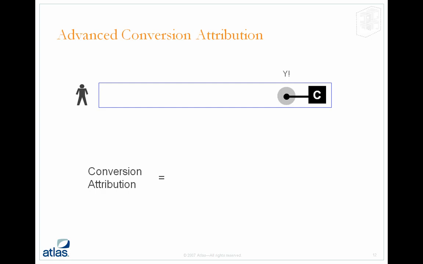Right now Yahoo is getting 100% of the credit, and this is how we look at things right now. But a better model would take into account frequency, for instance. If there were 10 ads in a user's history, and 8 of those came from ESPN and 2 came from Yahoo, ESPN and Yahoo should share that credit, but it should probably be proportional to how many ads they showed, taking into account other variables.